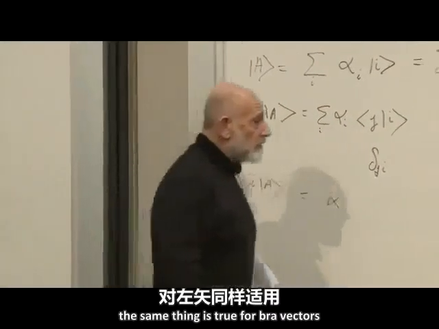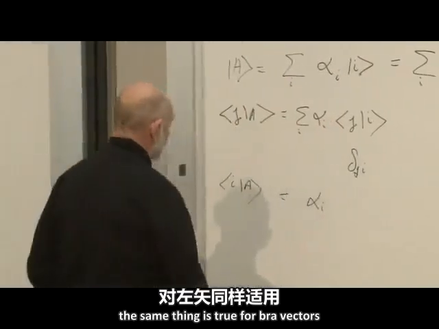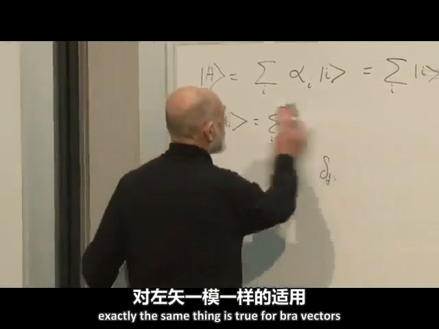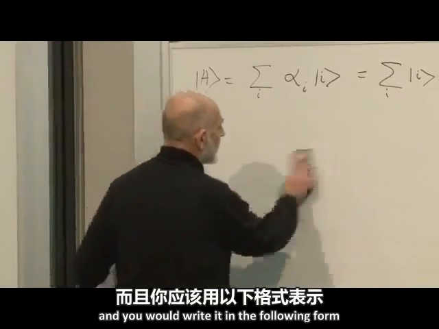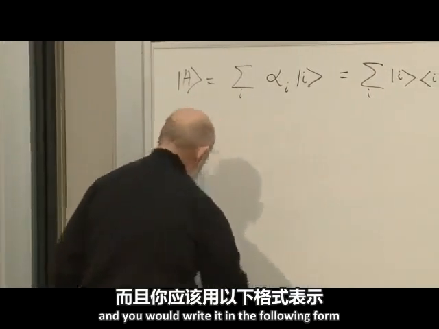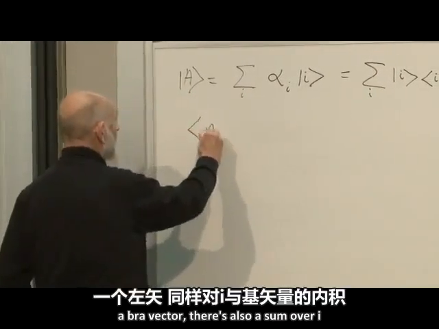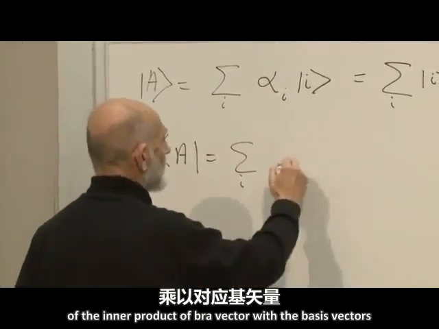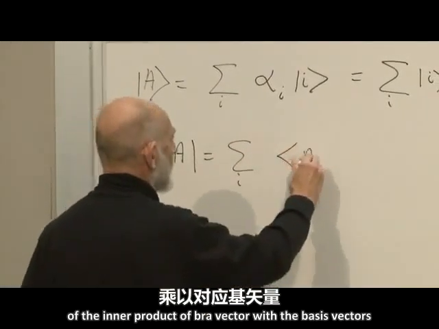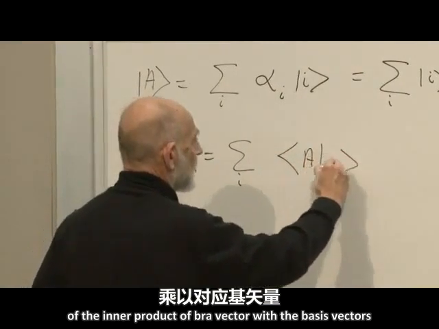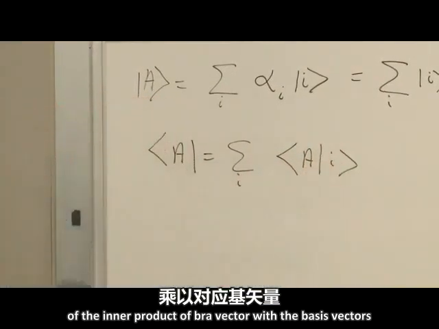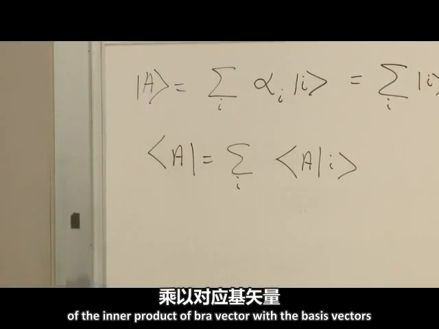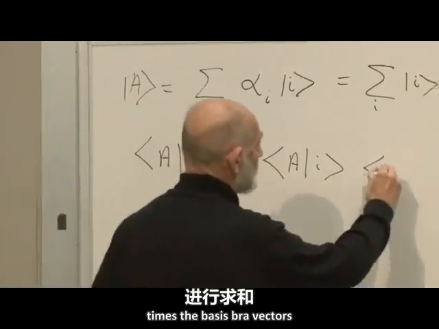All right, so that's one simple fact. The same thing is true for bra vectors, and you would write it in the following form. A bra vector is also a sum over I of the inner product of the bra vector with the basis vectors times the basis bra vectors.